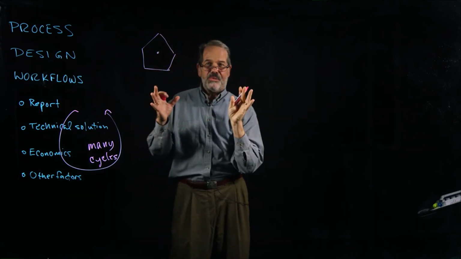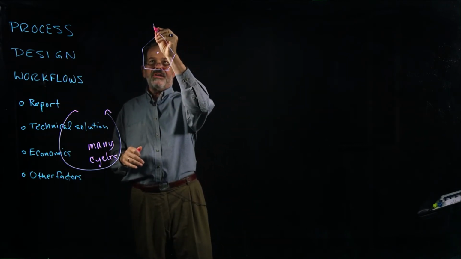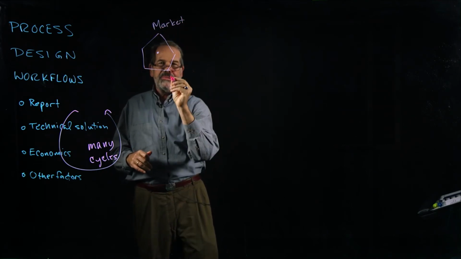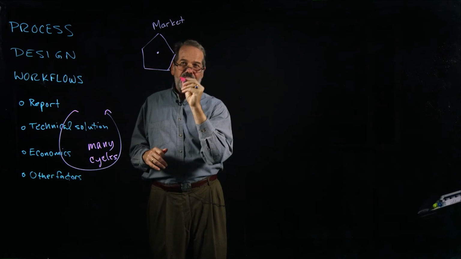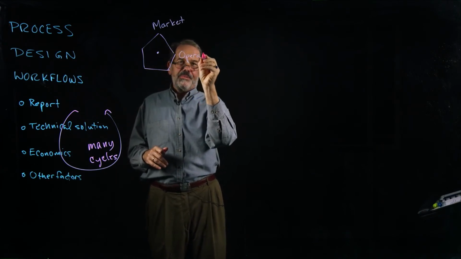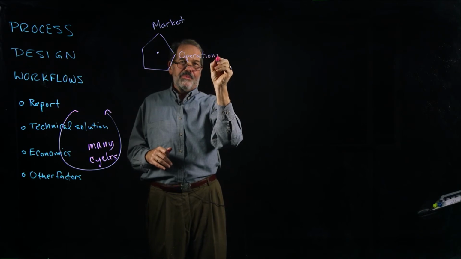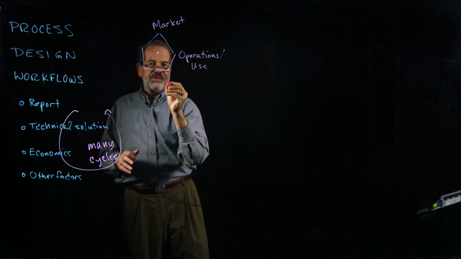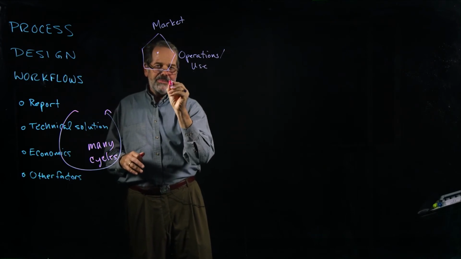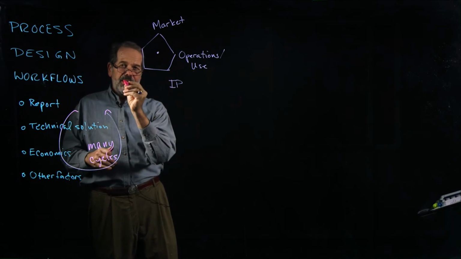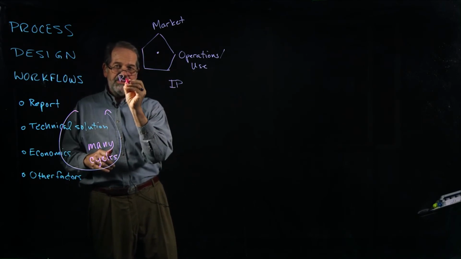And the first factor we're going to consider is what's the market or the demand for the product. The second factor we're going to consider is operations or use. The third factor is IP, intellectual property. The fourth one is regulatory.